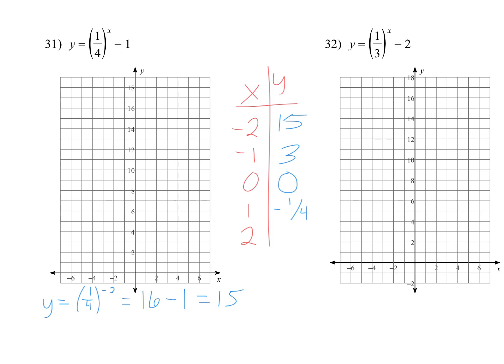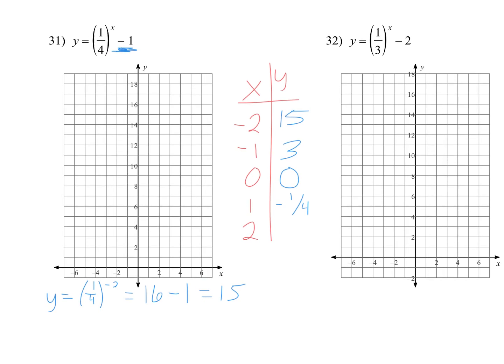So you see how it's kind of changing? So you do it the same way we were doing on the front, but then you have that extra part that's changing. With this extra change part, what's going to happen to our graph? What's going to happen on these ones? It will go below. Yep, because of this -1. And this one would go below because of that -2.